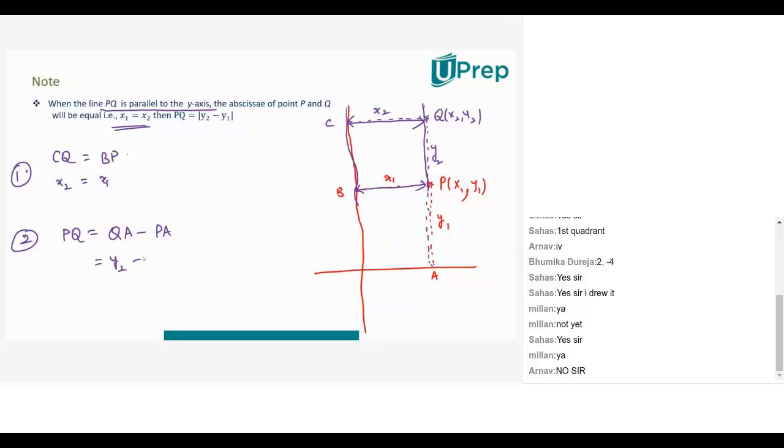That is the height of the point P, which is y1. That's my second property. Is this clear or no now? Yes, sir. Alifia? Yes, sir. Now Milan and Sahas also. Is this idea that we are discussing clear?